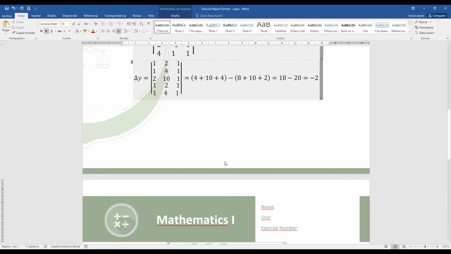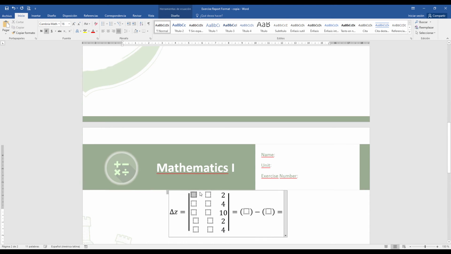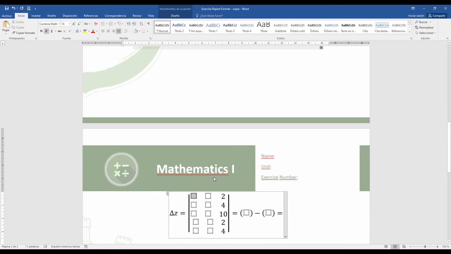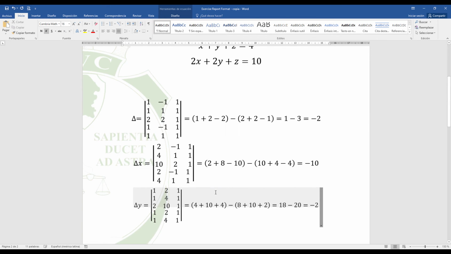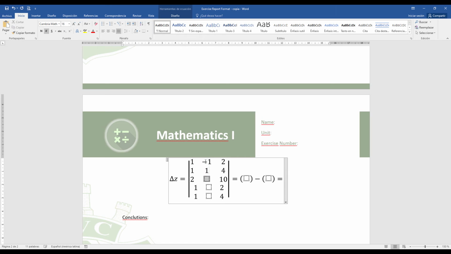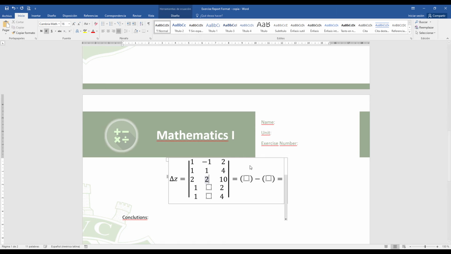So this is 2, 4, 10, 2, 4, and here you use the original values 1, 1, 2, 1, 1, 2, 1, 1, minus 1, 1, minus 1, 1, 2, minus 1, 2, minus 1, 1.